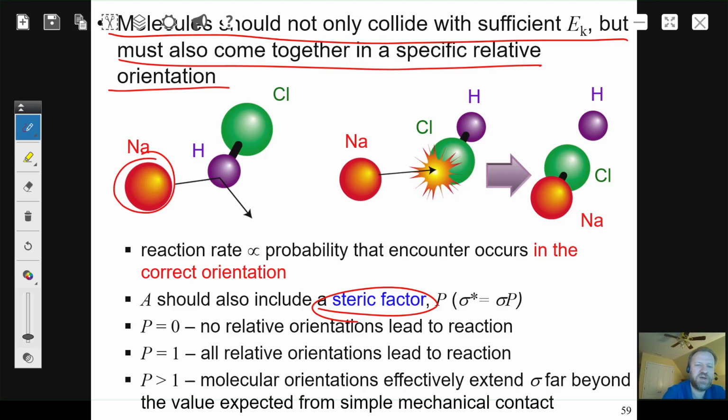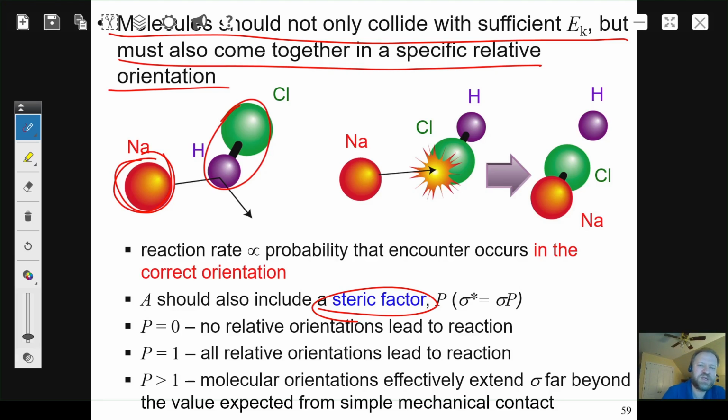Suppose we have a diatomic molecule. Again, let's call it HCl. Again, I just made up these chemical elements. It's supposed to combine with a sodium atom to form sodium chloride and hydrogen. Again, we're talking about some completely fake identities of atoms.